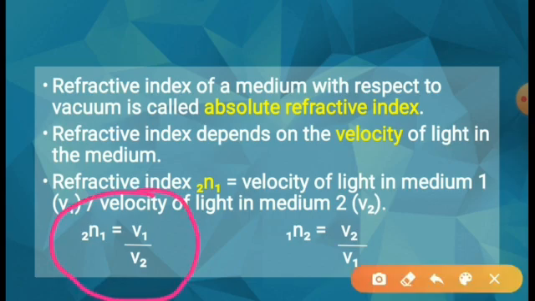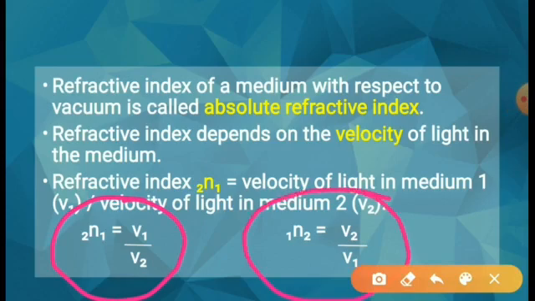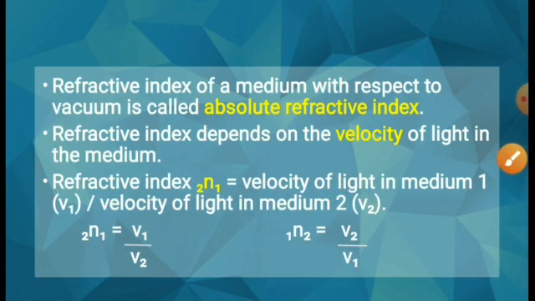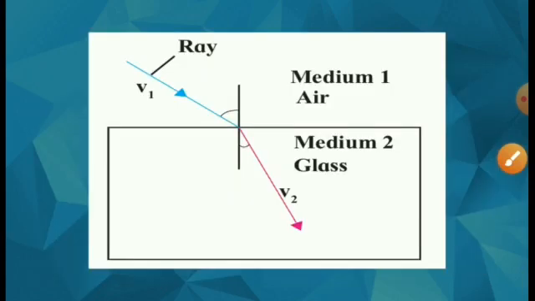See this. Here it is shown the refractive index of the second medium with respect to the first, and here the refractive index of the first medium with respect to the second. This is the diagram for that.